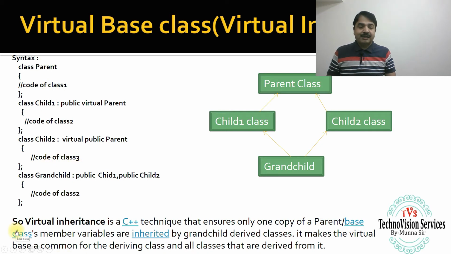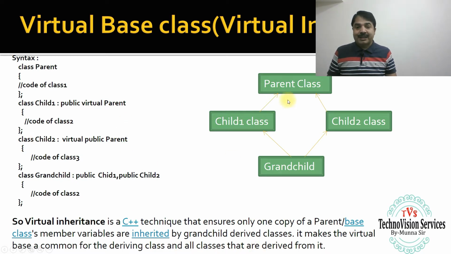So we can say that virtual inheritance in C++ is a technique that ensures only one copy of the parent or base class member variables is inherited by the grandchild derived classes. It uses the virtual base class common for derived classes and all classes that are derived from it.